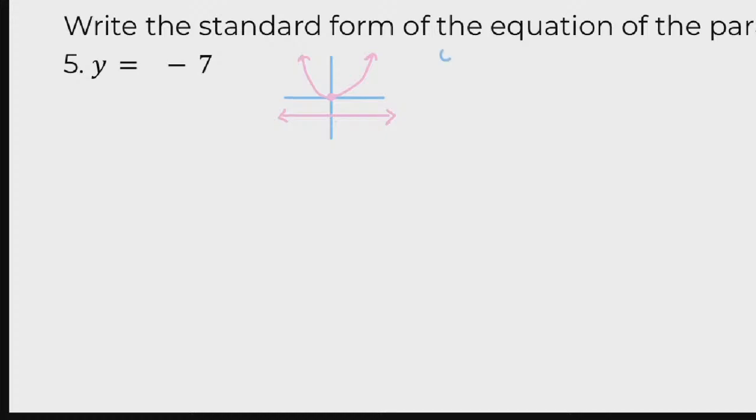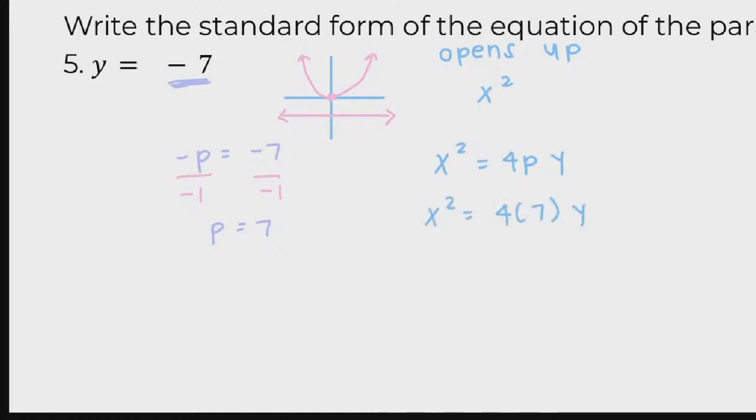So we know that it opens up. And since it's opening up, that means x is going to be squared. This number, negative 7, is going to be negative p. So we know negative p equals negative 7. And that means p is going to equal 7. And we can plug this into the equation where x is squared. So x squared equals 4py, and we're going to plug in 7 for p. So that means we get x squared equals 28y.